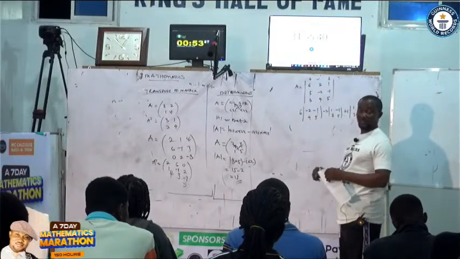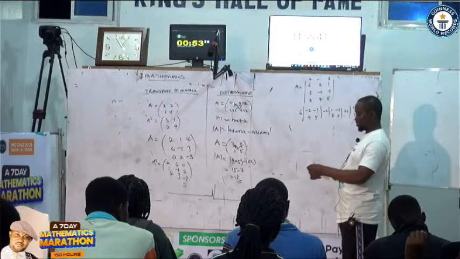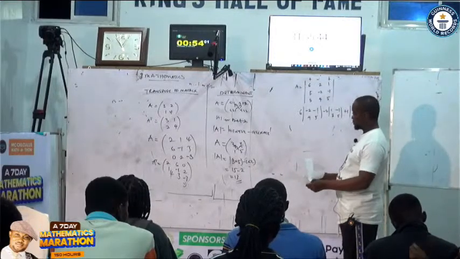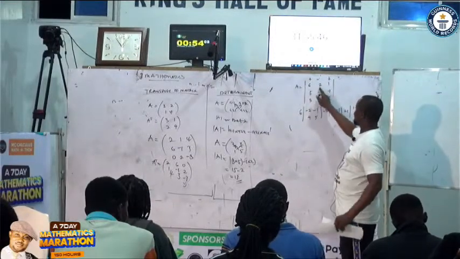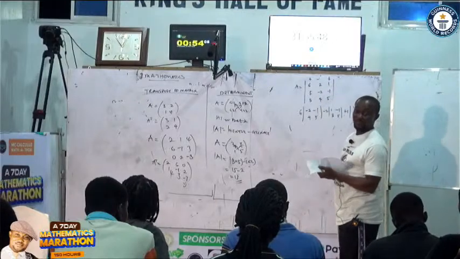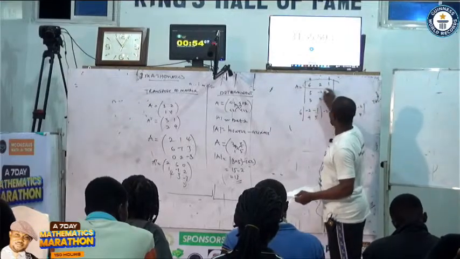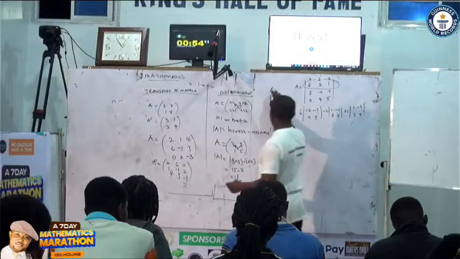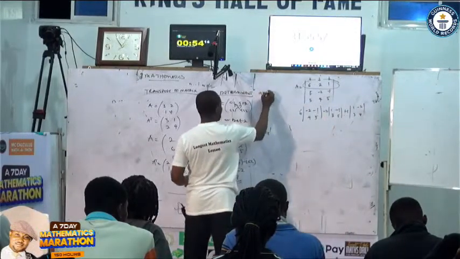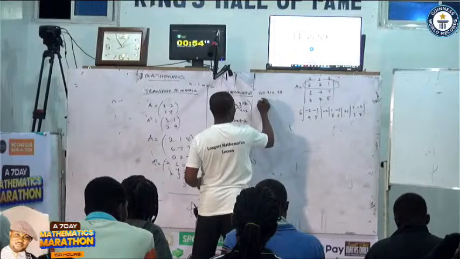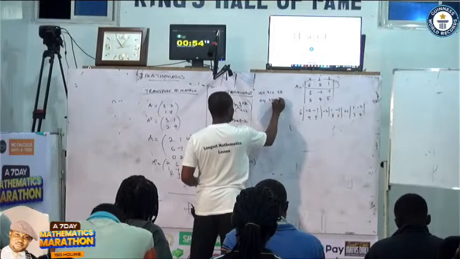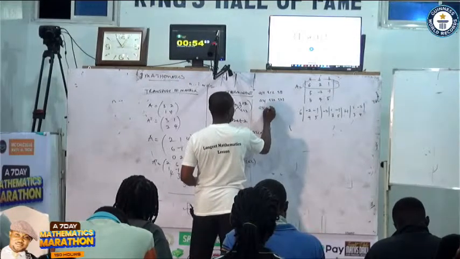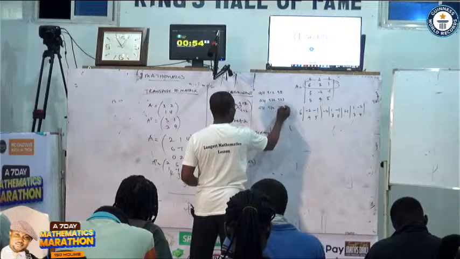When you want to find the determinant of a matrix, you see this 6, 2 and 1 that is up. These numbers, we assign a cofactor. This is what we have in a cofactor: A11, A12, A13, A21, A22, A23, A31, A32, A33.